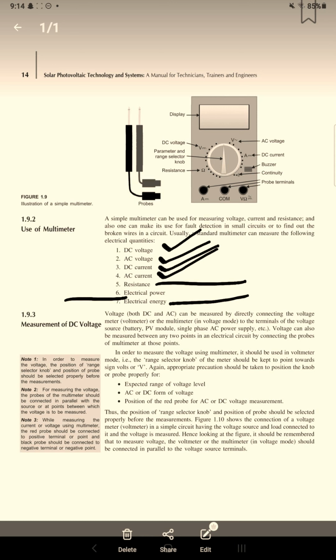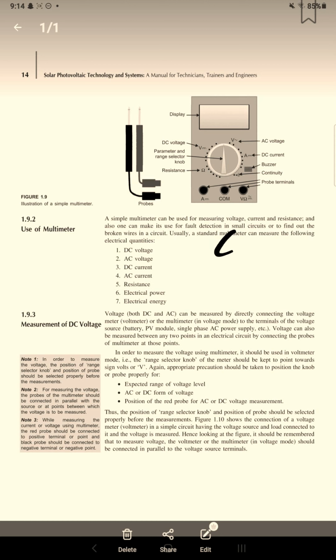There are other multimeters in the market which can measure capacitance and inductance. It also has a continuity mode, and there are other features like a temperature sensor.